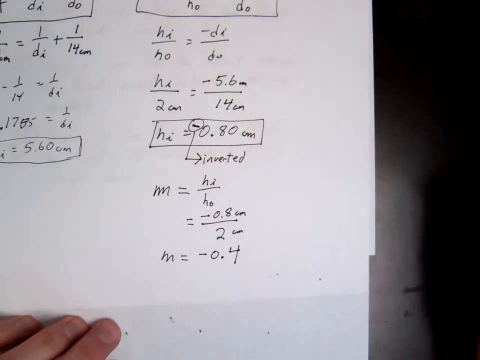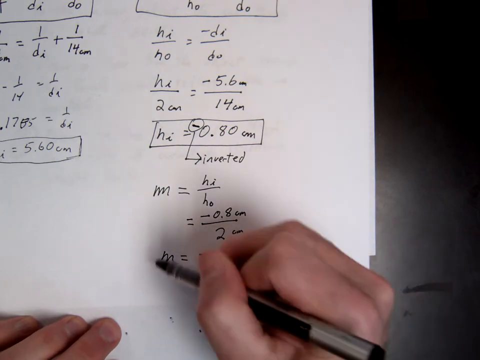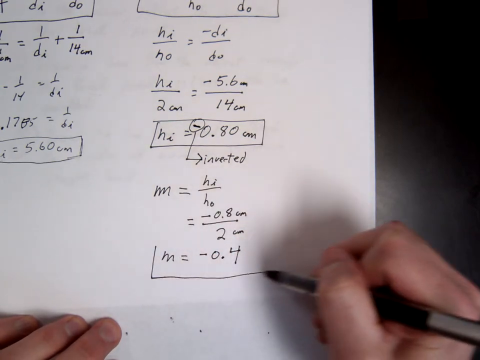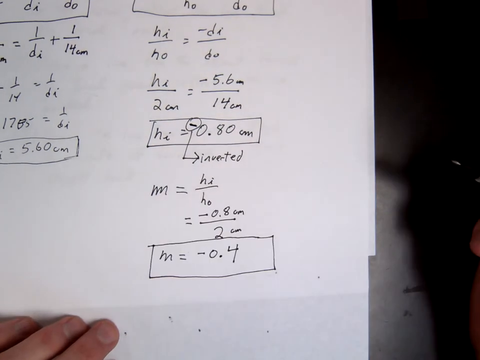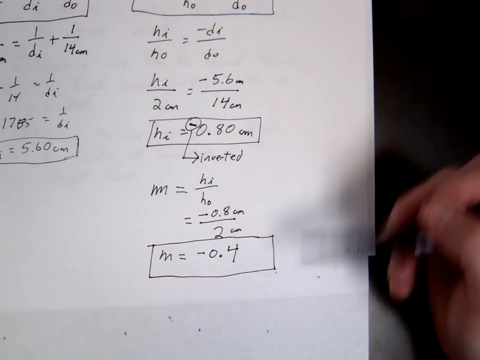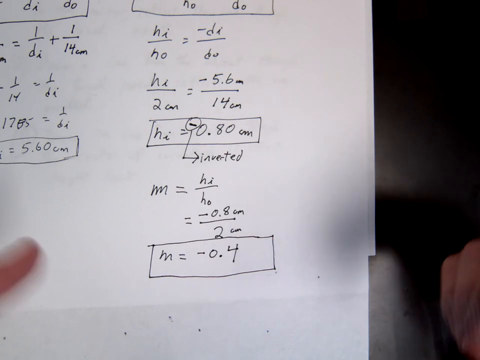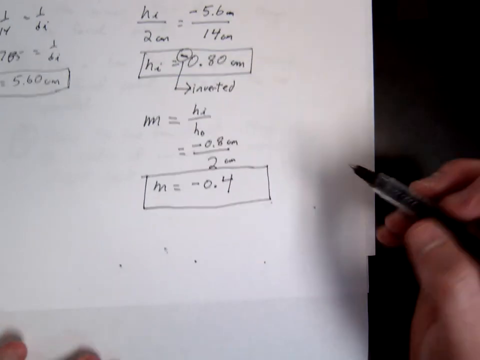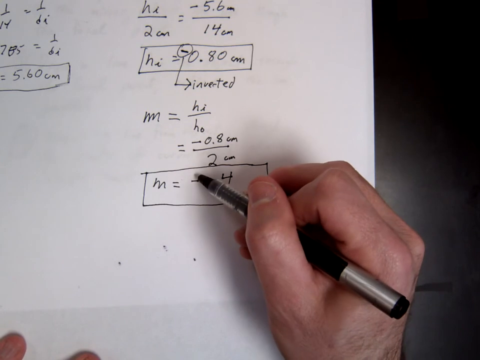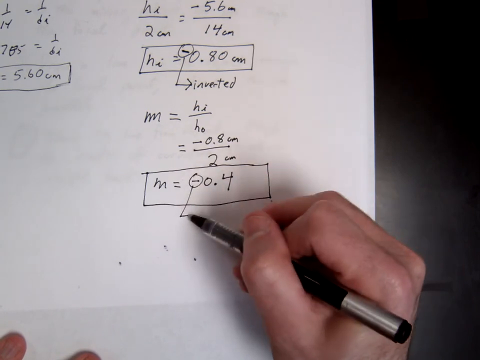What's the units for magnification? There are no units, okay? Centimeters cancels. So it's just telling you how much larger or how much smaller it is. So in this case, let's just look at a couple things. First of all, what does the negative mean? Inverted again.